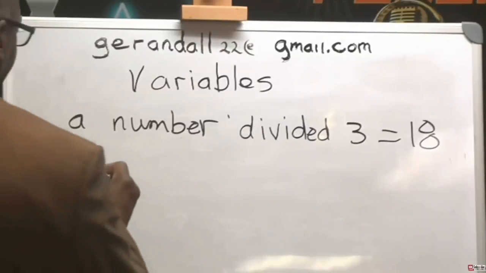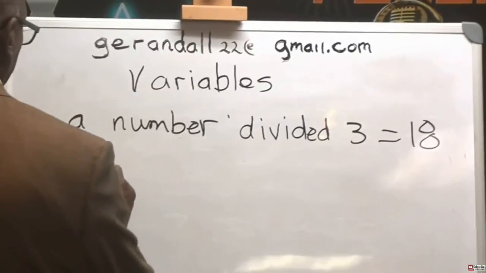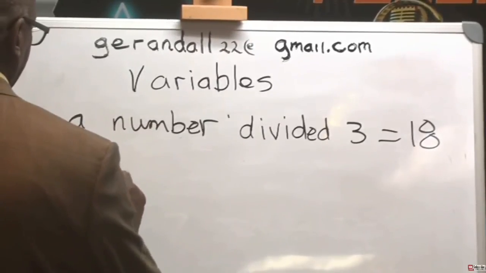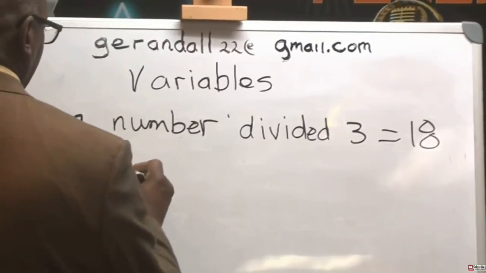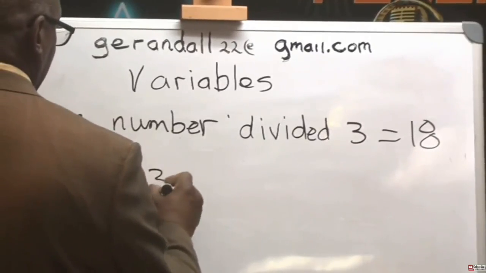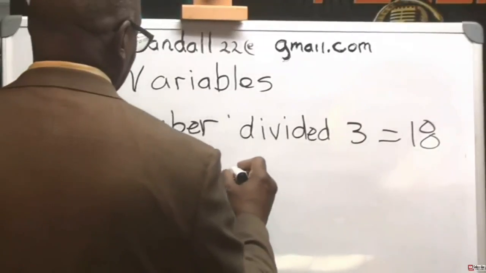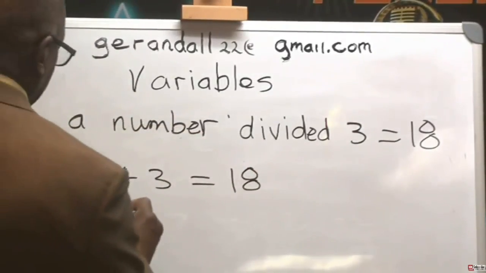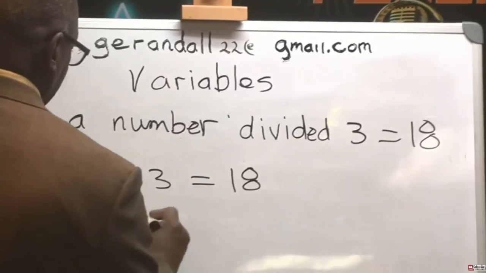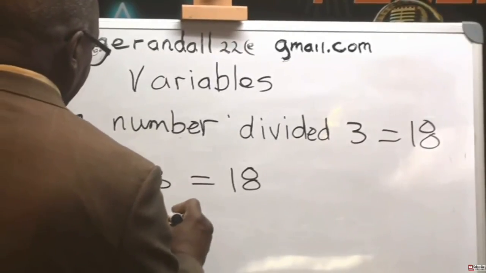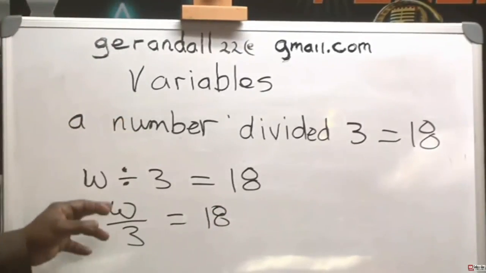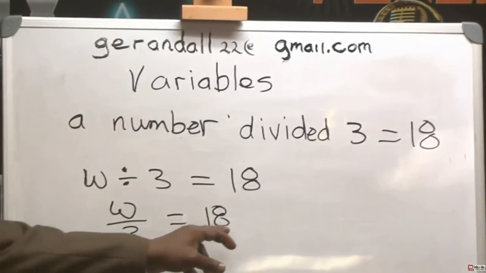So we got a number, m. We used m before. Let's use w. w divided by 3 equals 18. And I just like to rewrite that. It says a number divided by 3 equals 18.